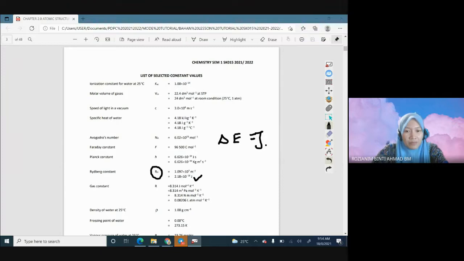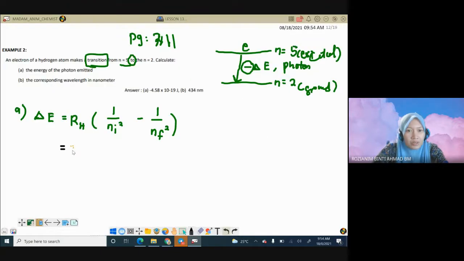Okay. So we substitute again. Okay, RH constant 2.18 times 10 to the power of negative 18 joule, okay, times 1 over N initial. Ni kena pastikan. Okay, di manakah initial? Initial adalah starting sebelum elektron tu jatuh.